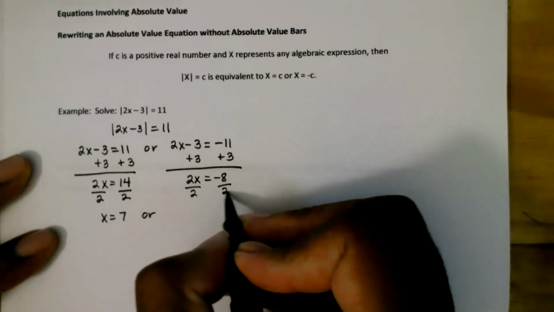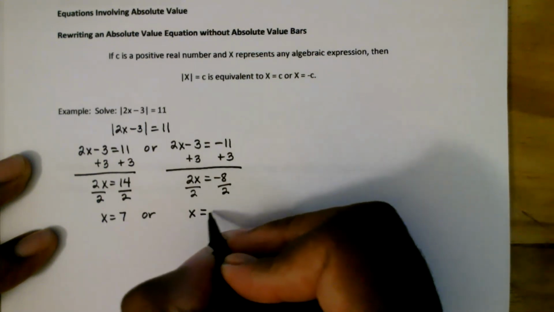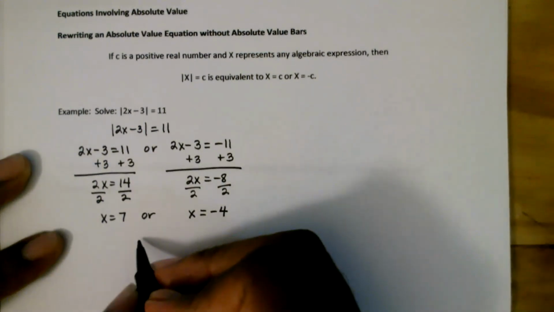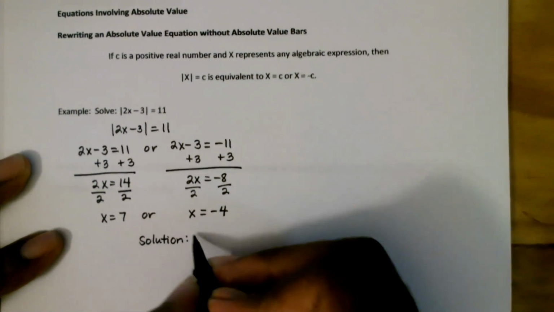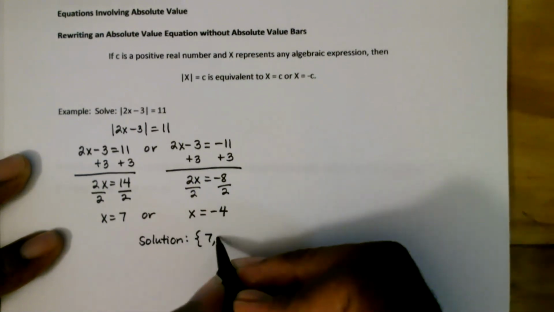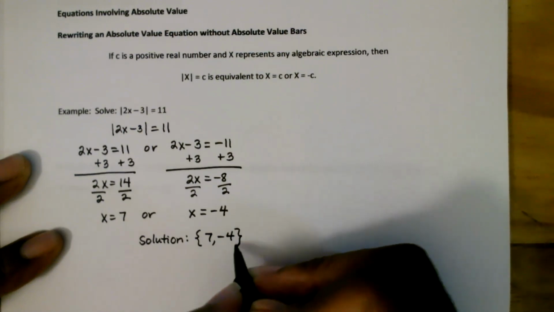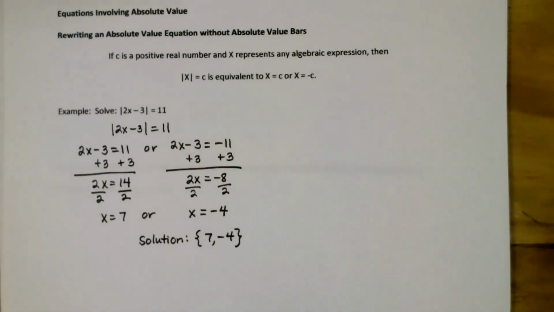And then divide both sides by 2. x is equal to negative 4. So here, I'm going to have two solutions. x equals 7 or x is equal to negative 4. Now, if you wanted to, you can take the time and do the check on each one of those proposed solutions.